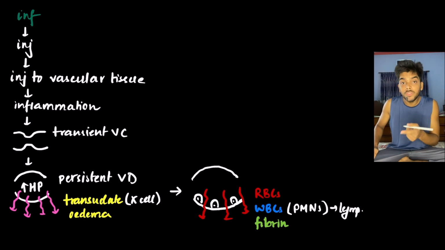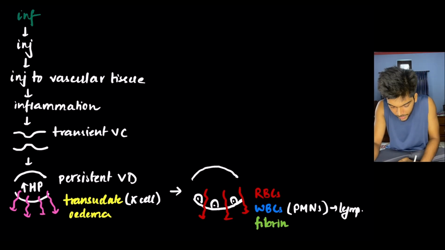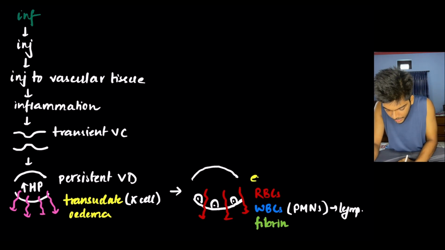Okay. Now this substance that comes out of the blood vessel due to increase in permeability of the blood vessel, that contains fluid plus lots of cells, is exudate. This is exudate, and the swelling due to exudate is exudate edema.